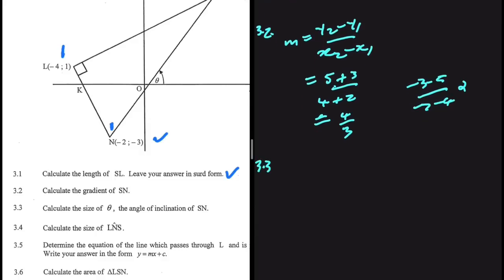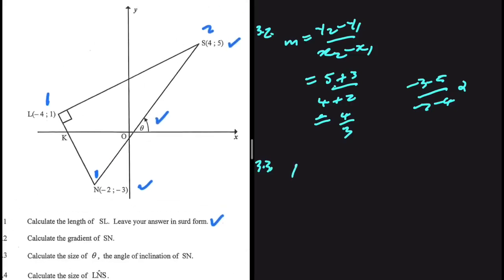3.3, calculate the size of theta, the angle of inclination of SN. Okay, we know fully well that tan of theta should be equal to the gradient of that line. So theta will be equal to tan inverse of the gradient, which happens to be 4 divided by 3.